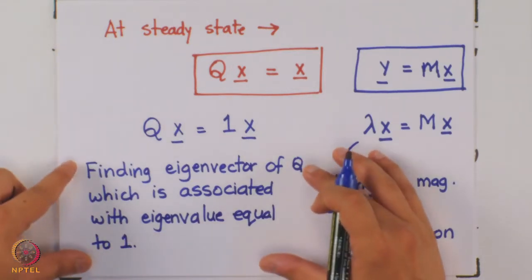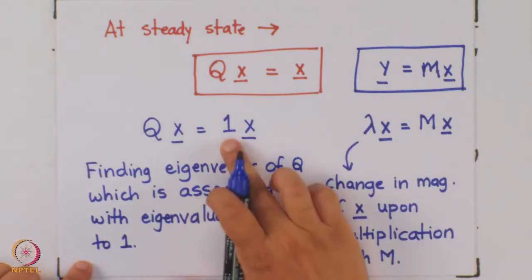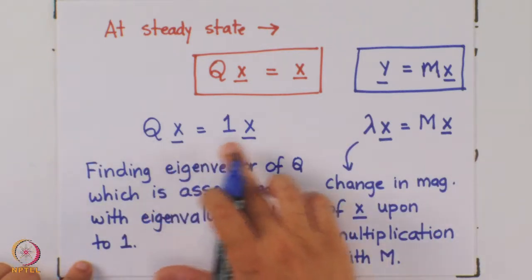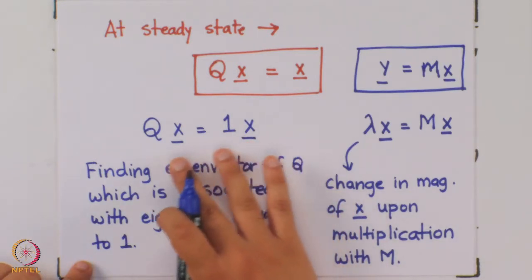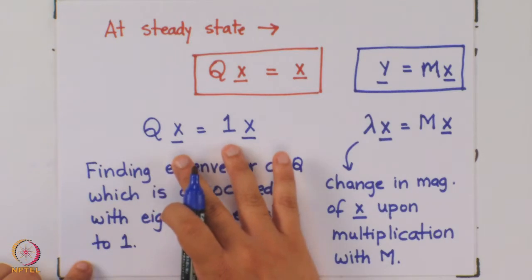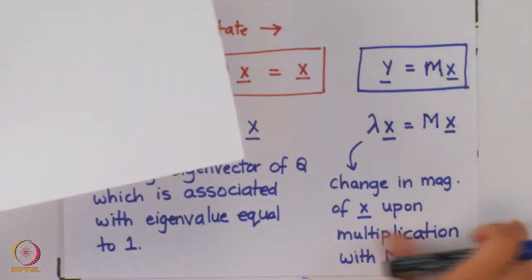I am interested in that eigenvector of matrix Q which is associated with eigenvalue equal to 1, which gives the same direction back, and also that direction should not be enlarged or shrunk. And what comes in handy here is the following result, that Q is not just any matrix, but it is actually a very special type of matrix.